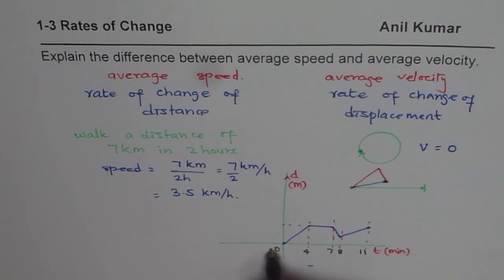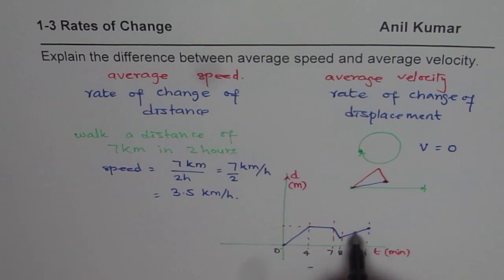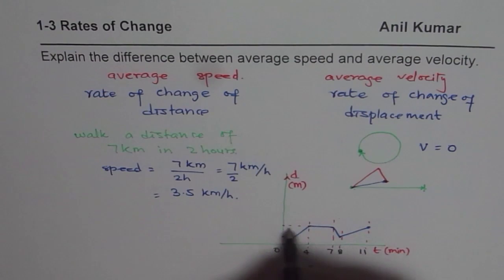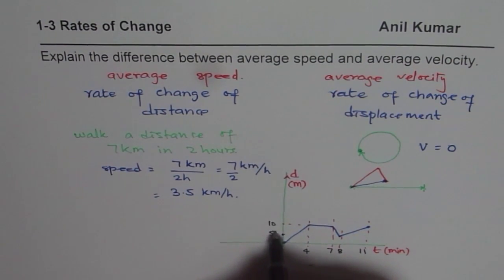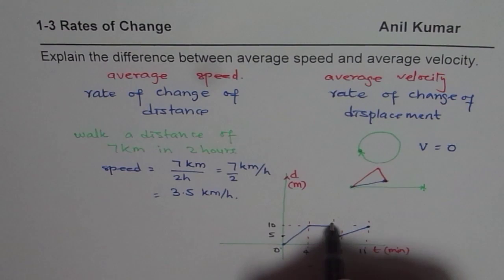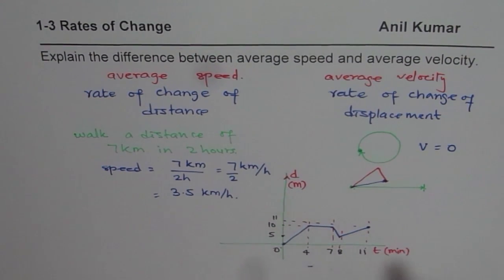So you take a total of 11 minutes to reach the school. Let me put these distances as 10, then returning back by half the distance, 5, and then going up, and let this be 11.